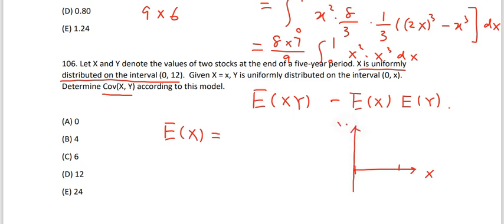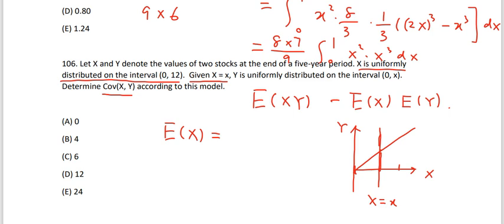Then for y, given x equals x, y is uniformly distributed on the interval from 0 to x. So y is uniformly from 0 to x.